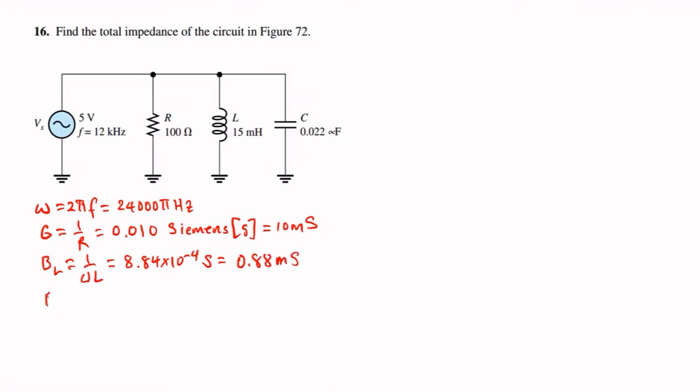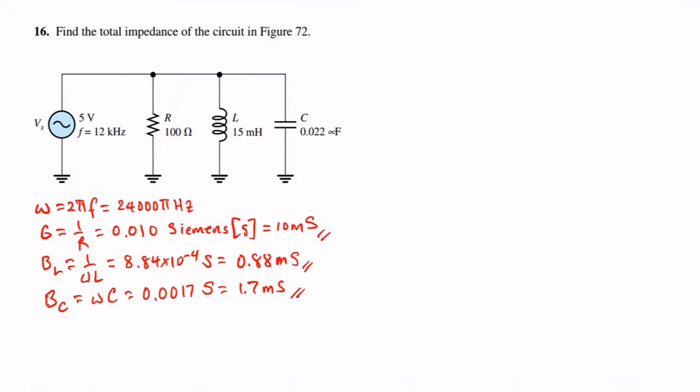And for the capacitive susceptance, which is equal to omega times C, this is easily solved as 0.017 Siemens, or 1.7 millisiemens. Okay, now it's probably clearer why I wrote this in millisiemens, because it's easier to compare between the susceptance and the conductance.